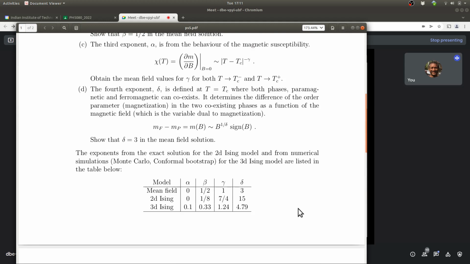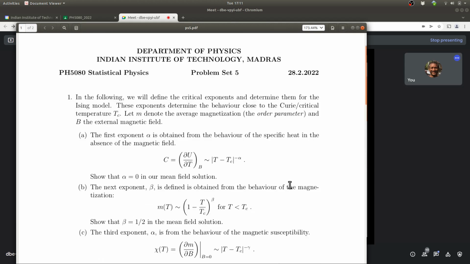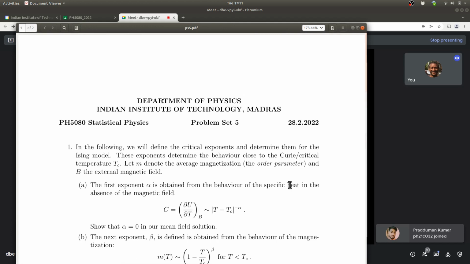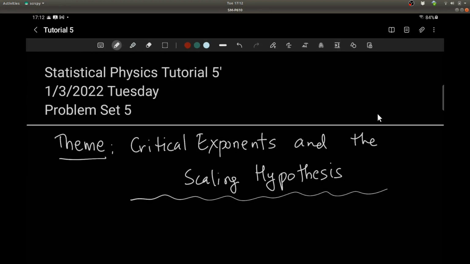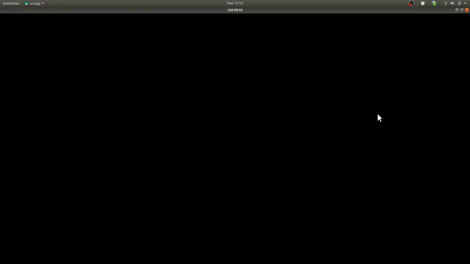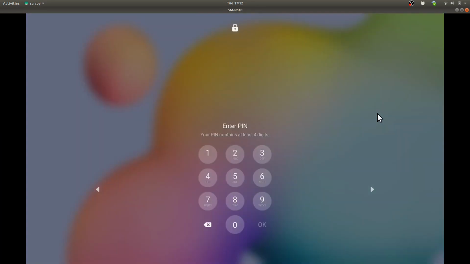Okay, so let's get on to solving the problem sheet. I'll keep going back and forth, and the recording will get mixed up. It's not a big deal, but let's just do that. So this is the theme. One second.